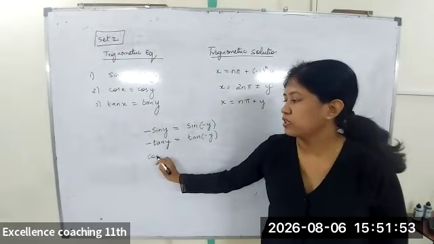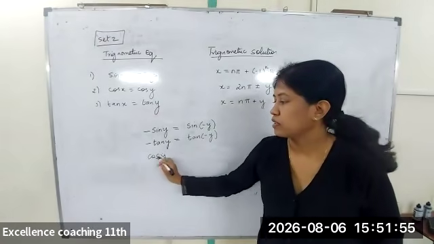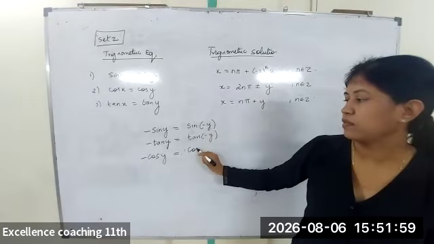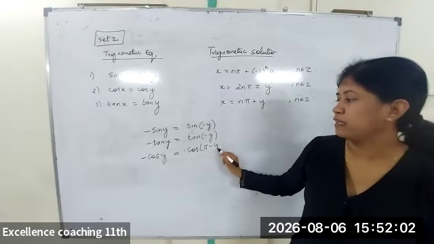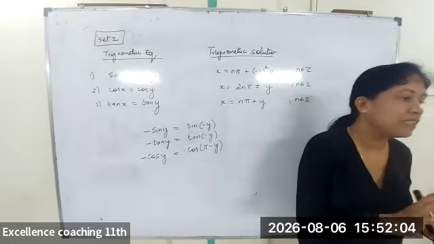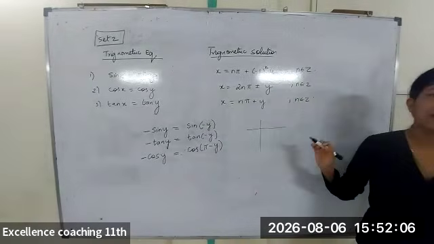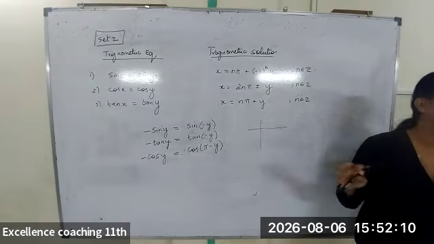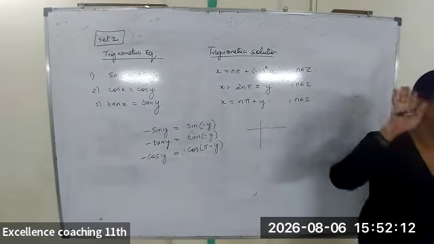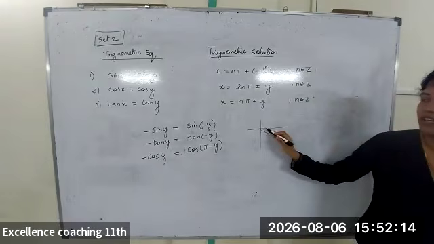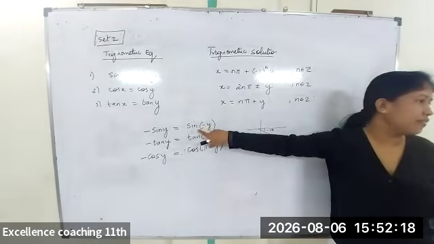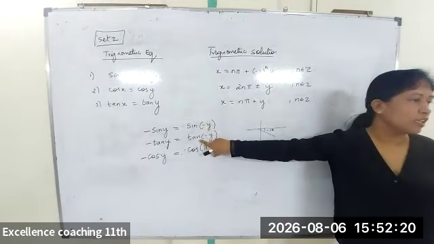But if this is cos, write it as pi. Why are we doing that? Negative belongs to which quadrant? Any negative angle, I told you always refer to the fourth quadrant. In the fourth quadrant, you know that sine is negative, tan is also negative.